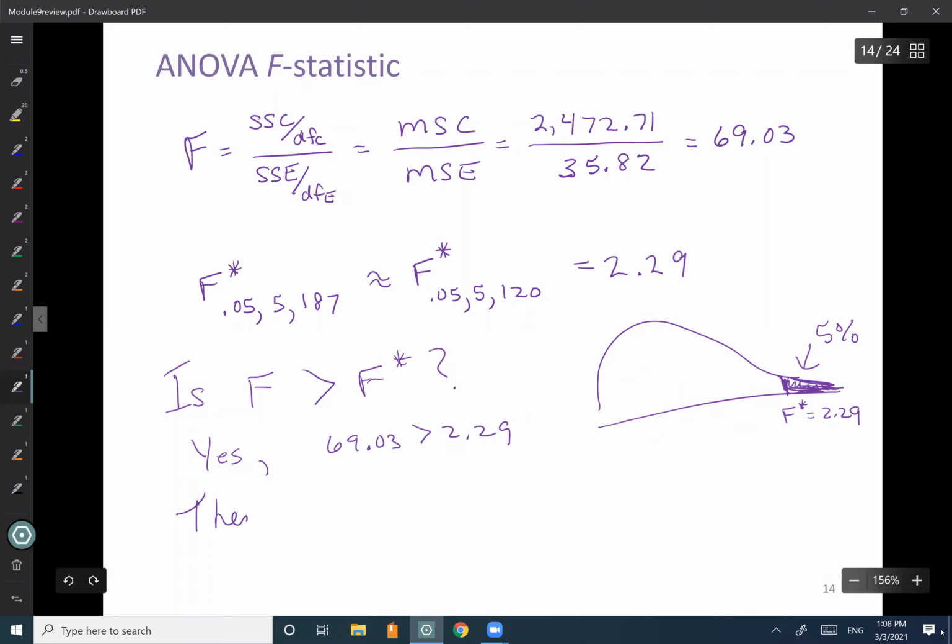Therefore, we reject the null hypothesis. And that means that we accept the alternative hypothesis and we state that there is a difference in life expectancy means for at least 2 of the population means, right?